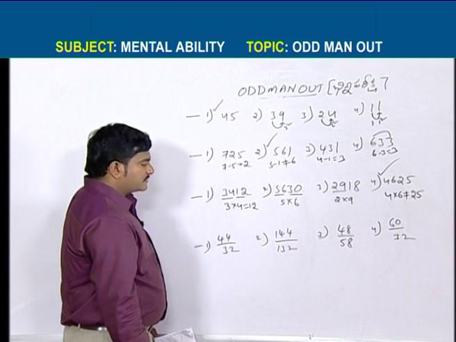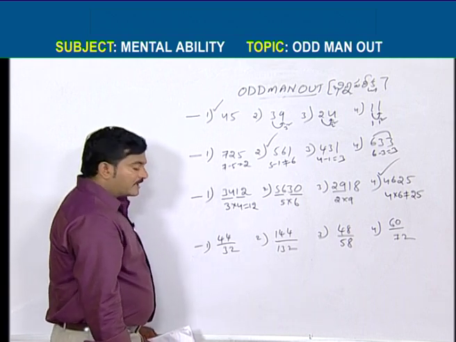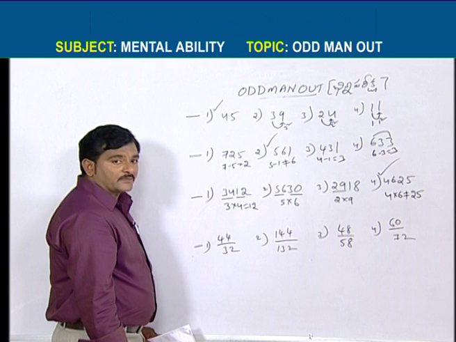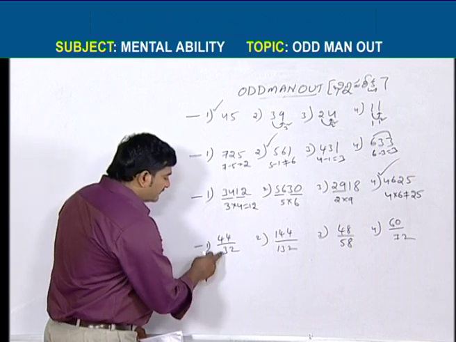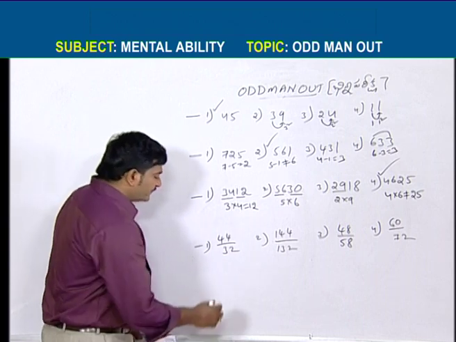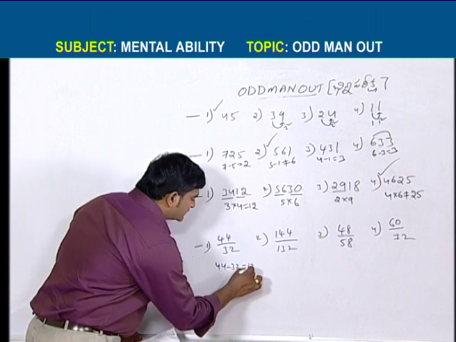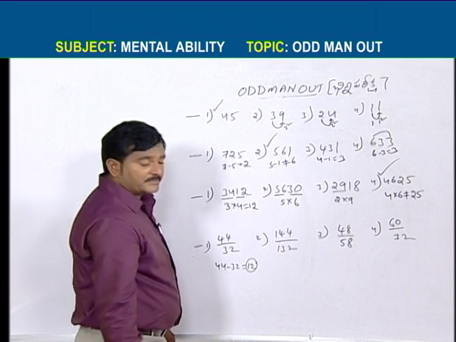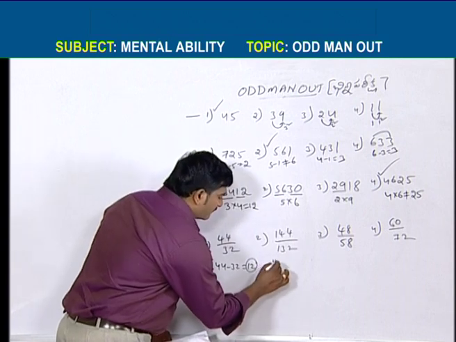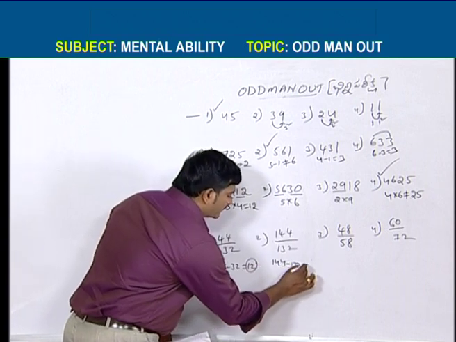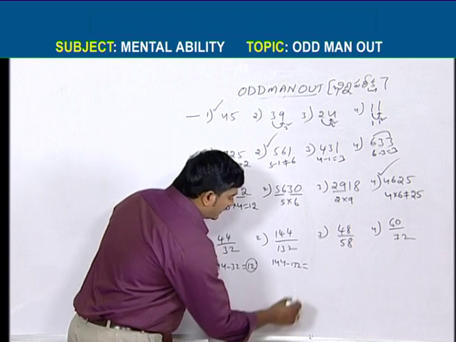Just observe here: 44, 32. What is the difference between 44 and 32? 44 minus 32, the difference is 12. Similarly, observe here: 144 minus 132. Are we getting the difference 12 again?